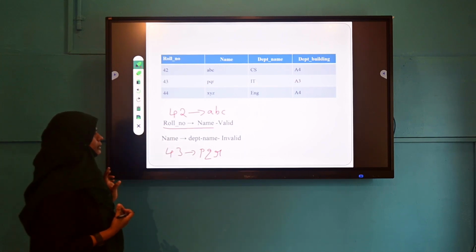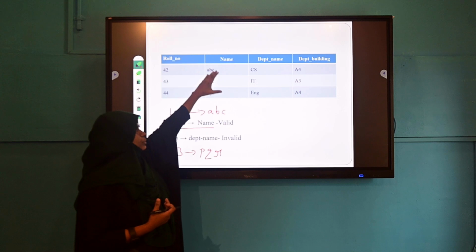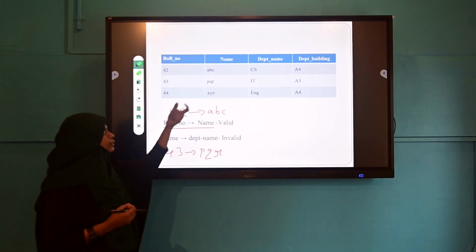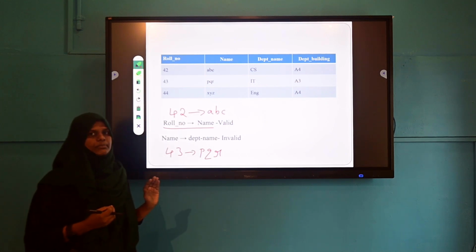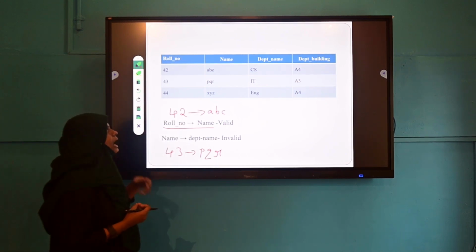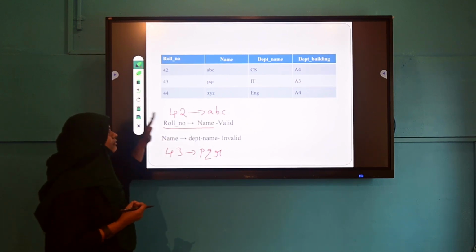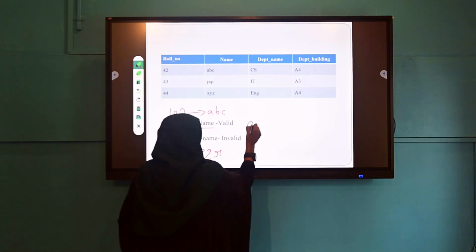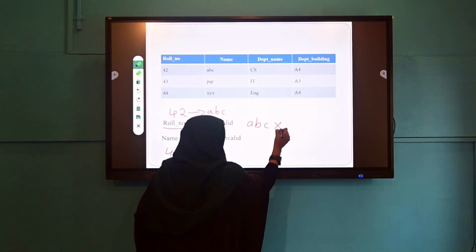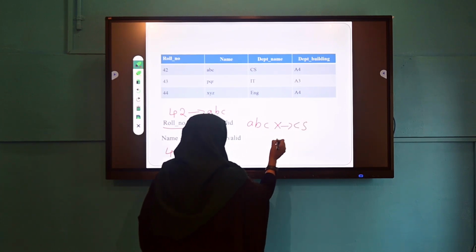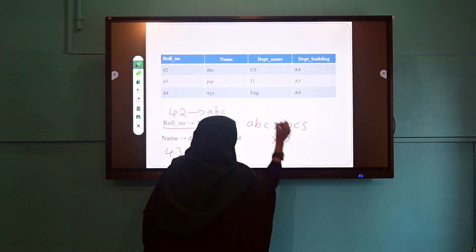Name gives department name. Consider the attribute name and department name. ABC belongs to the CS department. At the same time, another ABC may belong to IT department. That means the value ABC does not give only CS, it may be IT.